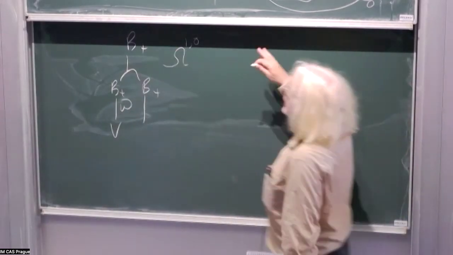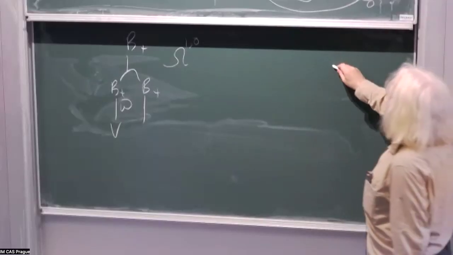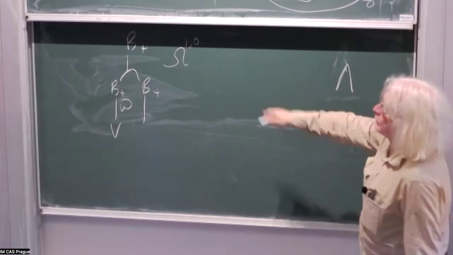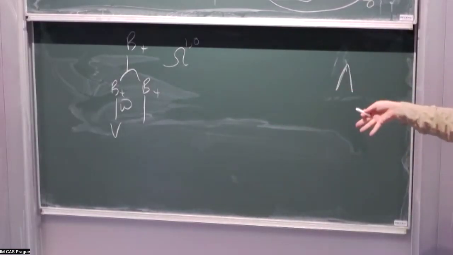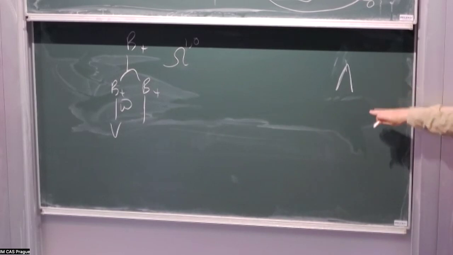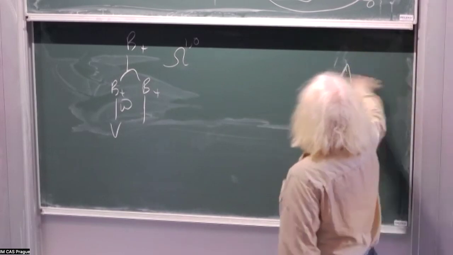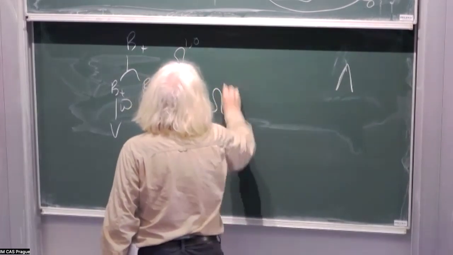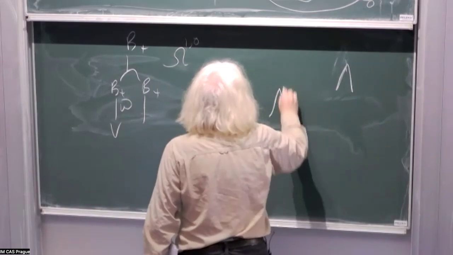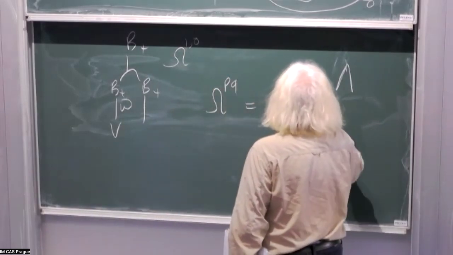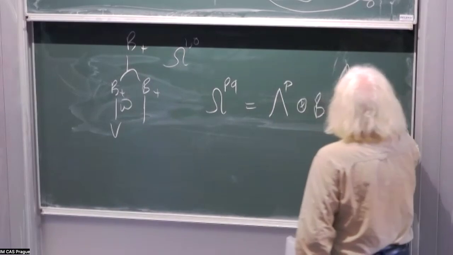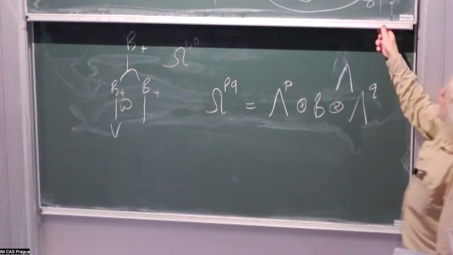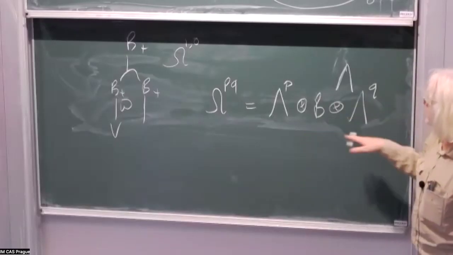And I'm going to use lambda for the exterior algebra just on the V's, given by the braiding on the V's. This lambda will just be this braided exterior algebra on them. So we can define omega PQ equal to lambda P tensor B tensor lambda Q.